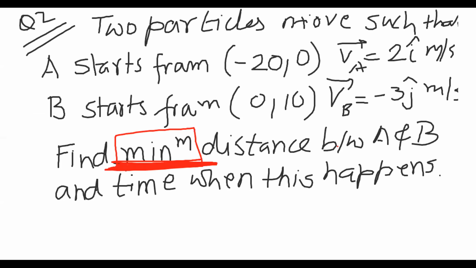So you have particle A, which is starting from -20 with a velocity of 2 i cap. This means that we have particle A which is starting from this point, and it is moving with a constant velocity of 2 i cap.